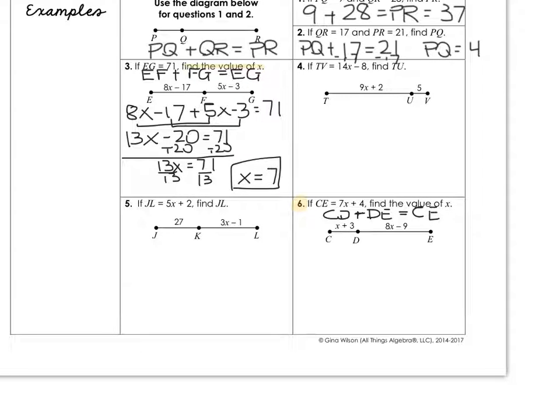Substitute in x plus 3 in place of CD, 8x minus 9 in place of DE. And it just so happens we have an expression for CE this time. Combine. 3 plus negative 9 is negative 6.